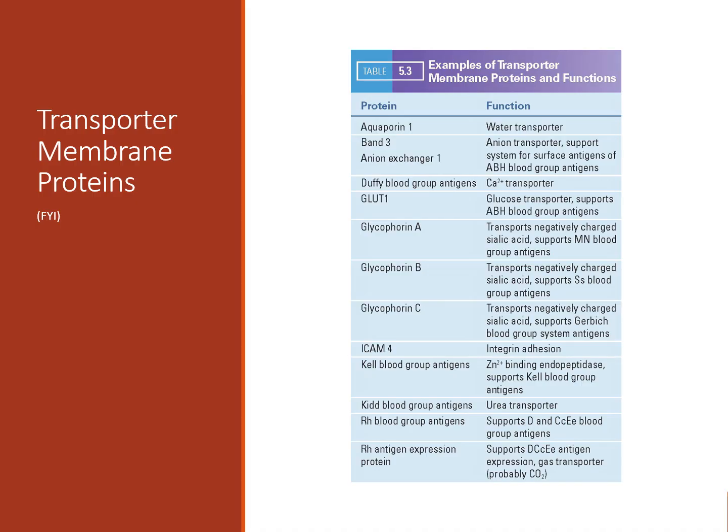Okay, so I don't expect you to memorize all of these. I just want to give you an example of some of the transporter membrane proteins. It's just FYI, we've got a water transporter within the membrane called aquaporin 1. We have an anion transporter, which supports the surface antigens of the ABH or ABO blood type antigens.